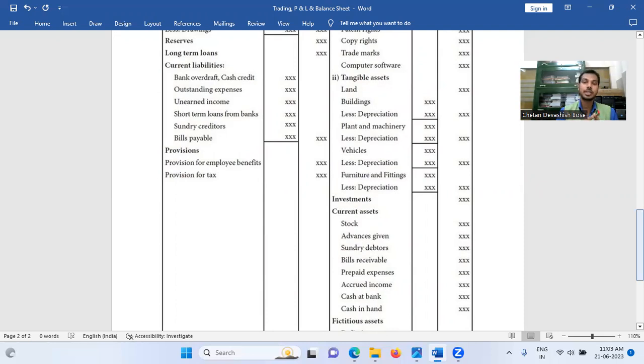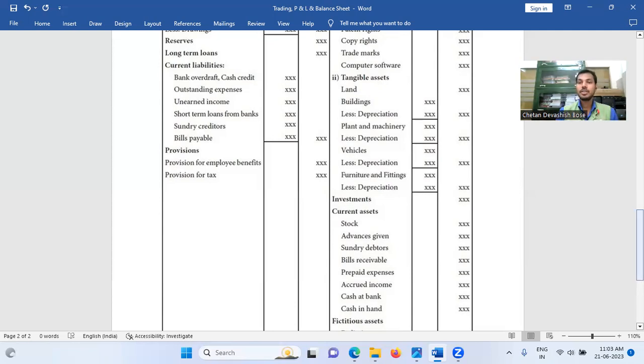Now you may have a question that you can sell off your investment day in and day out. Then those investments are known as marketable securities, tradable investments, which are a part of current asset. They are not a part of investment, because while defining investment, I did say it is a long-term investment.